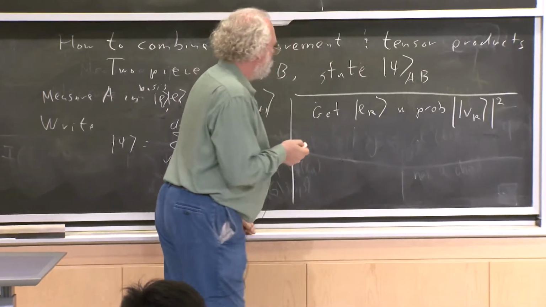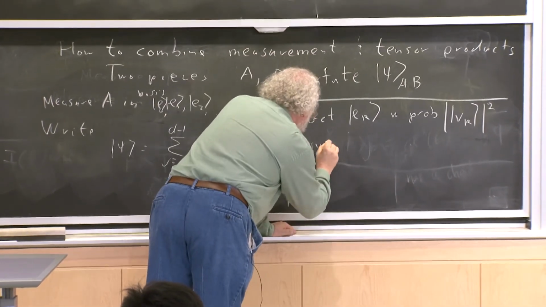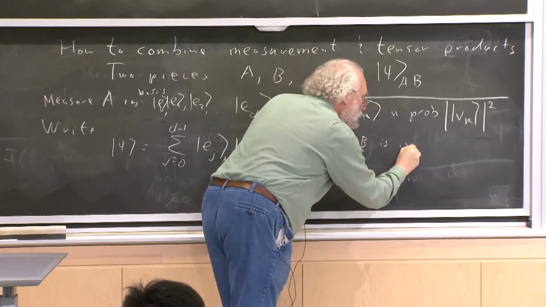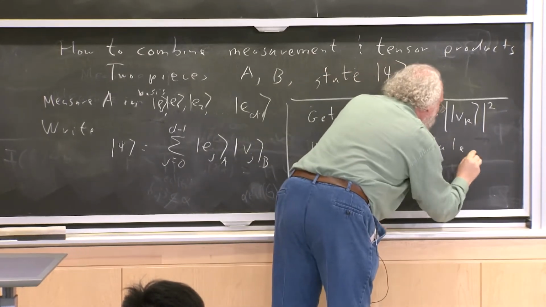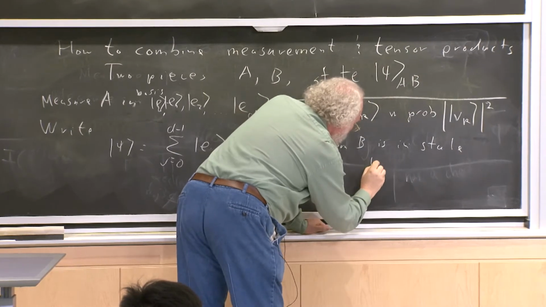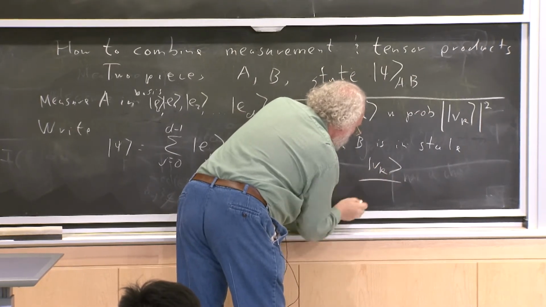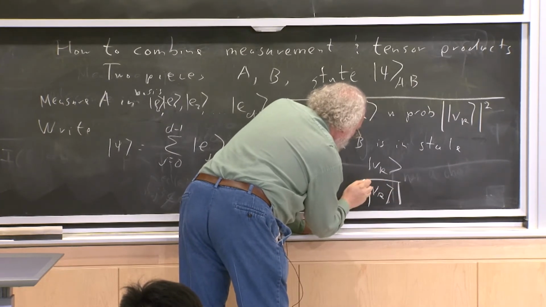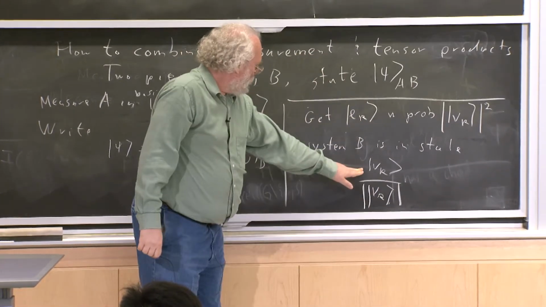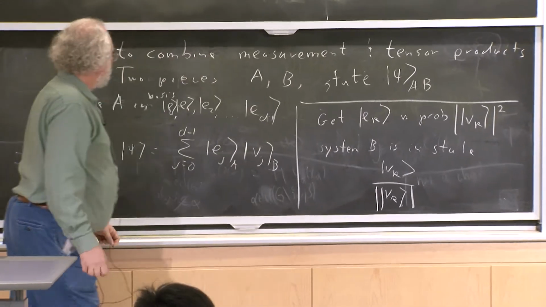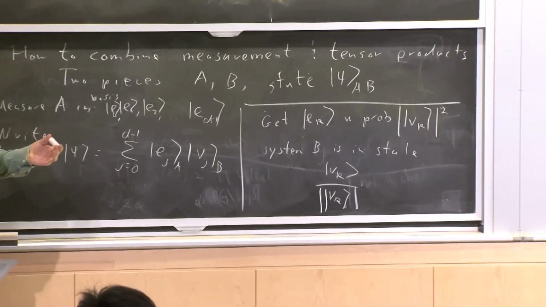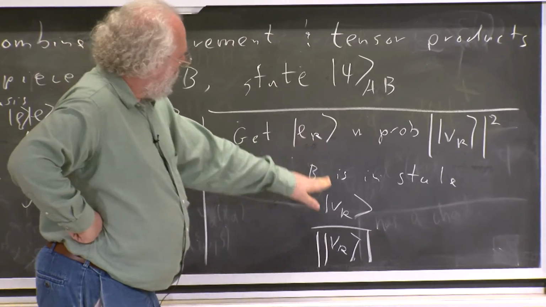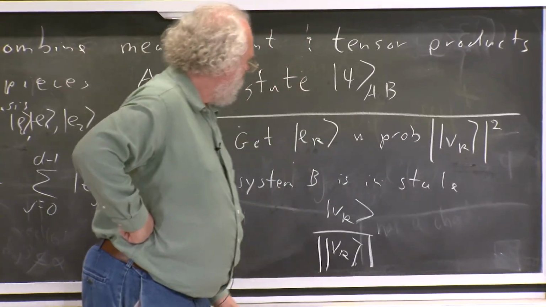and system B is in the state v sub k over the norm of v sub k. So we get the result k with probability the norm of v sub k squared.